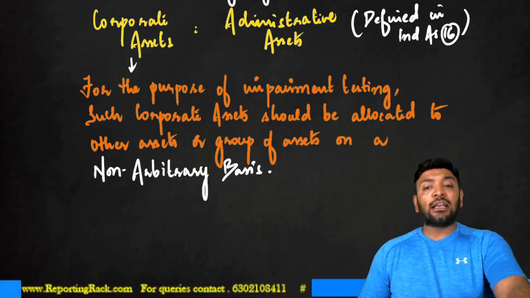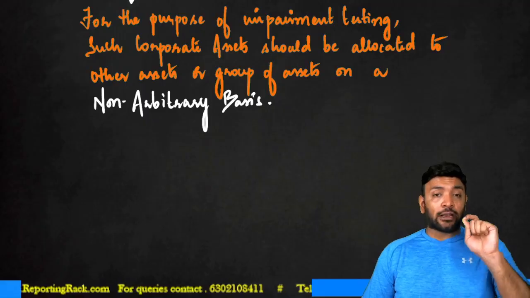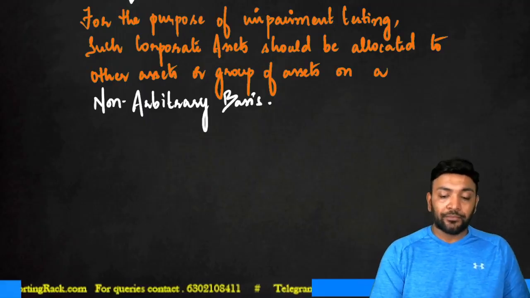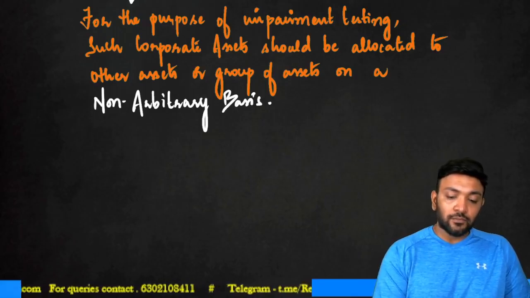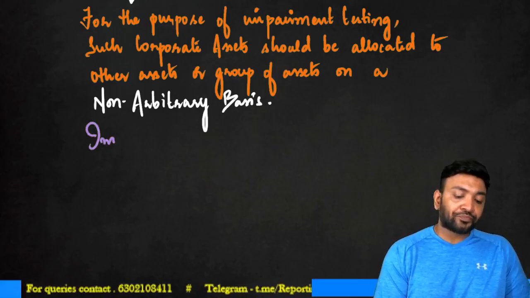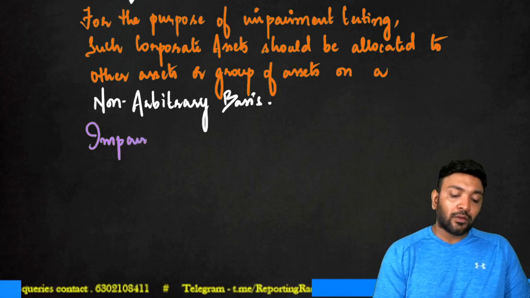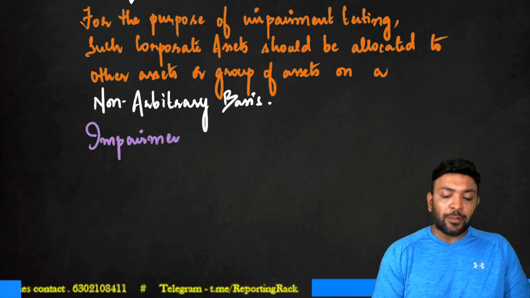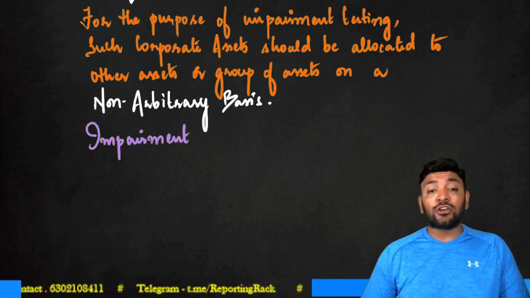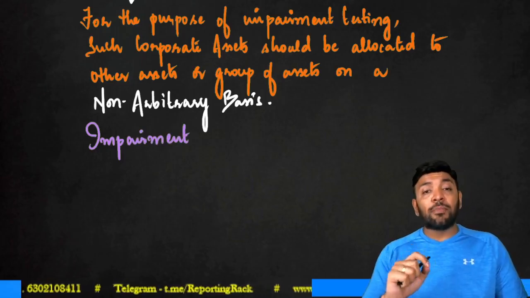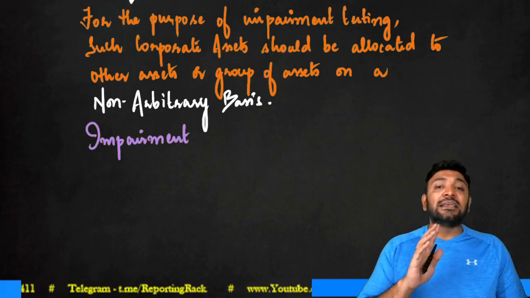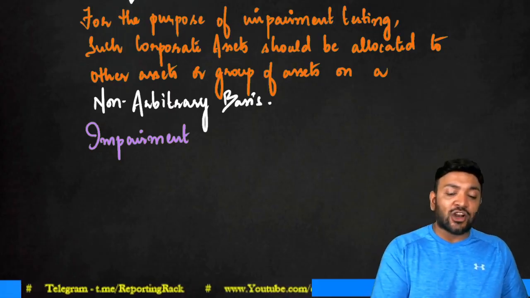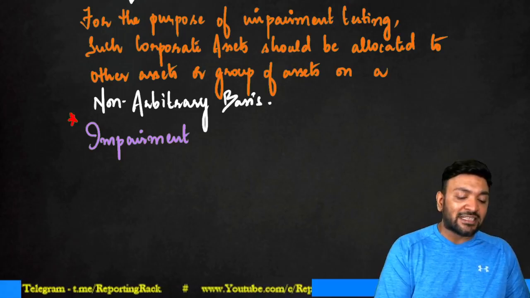Once you allocated it to other assets and you tested for impairment, under goodwill, what did you say? The impairment should be first reduced from the value of goodwill and then to other assets. Such policy is not applicable under corporate assets.